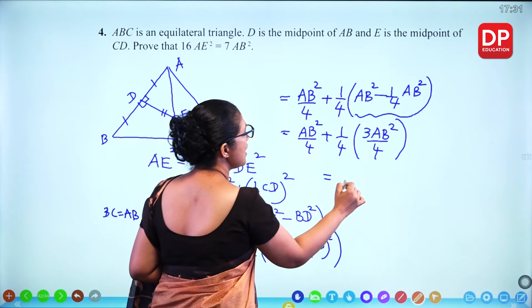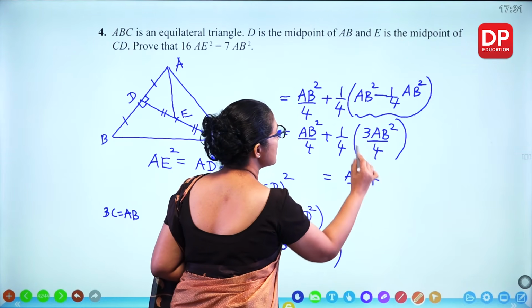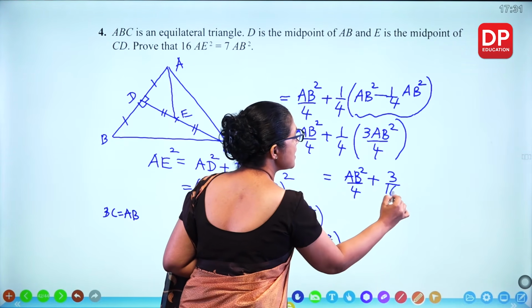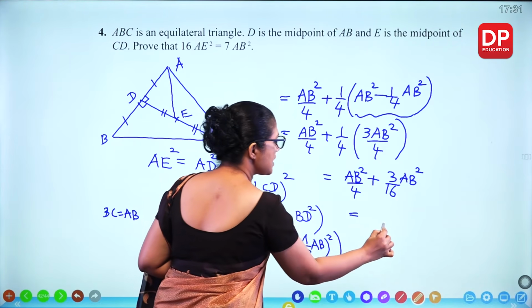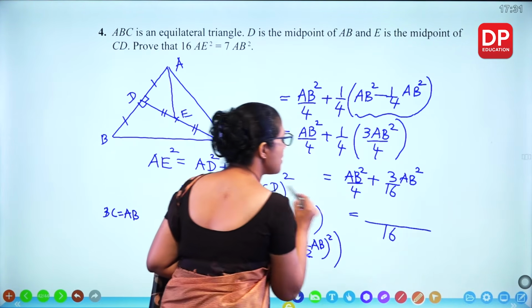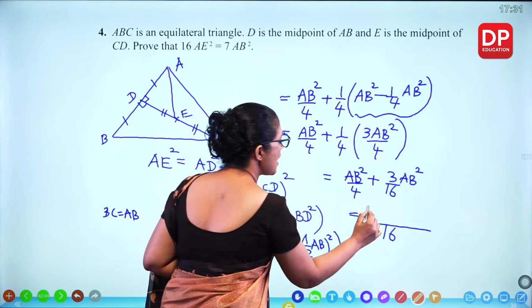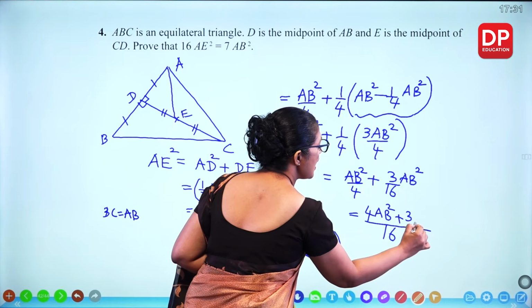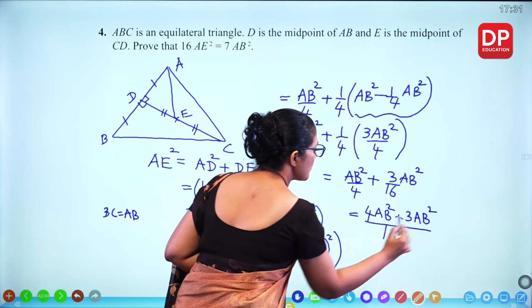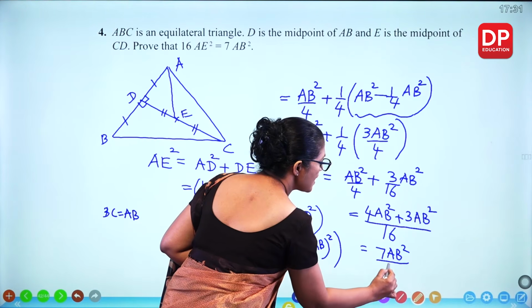I'm getting AB squared over 4 plus 3 over 16 AB squared. Now the common denominator is 16, lowest common multiple. So I have to multiply this by 4. 4AB squared plus 3AB squared. I get 7AB squared over 16.